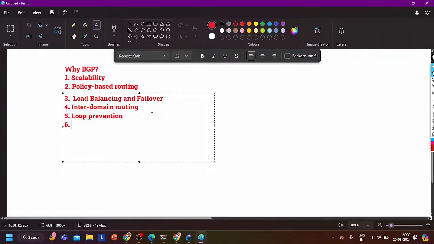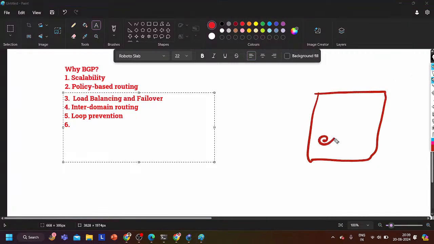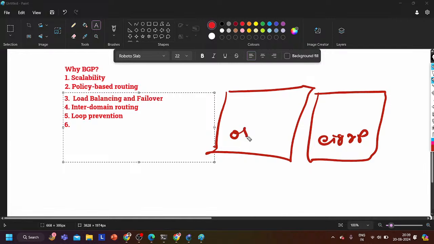Sixth point can be advanced routing or route filtering, right? In IGP, you have very few attributes for route filtering. Even while redistributing, let me give you one example here. Let's say here I am running EIGRP routing protocol, and in this company I am running OSPF routing protocol.